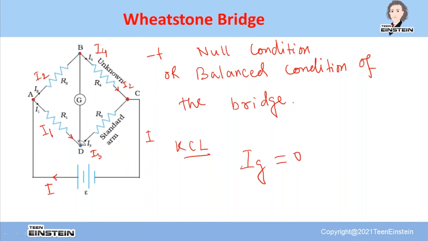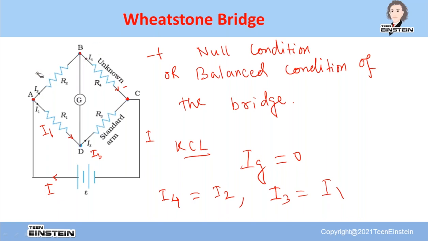If Ig is 0, what are the values of these currents? I4 is nothing but I2 because it is not getting divided into Ig and I4. So I4 is equal to I2, and I3 obviously will be equal to I1.